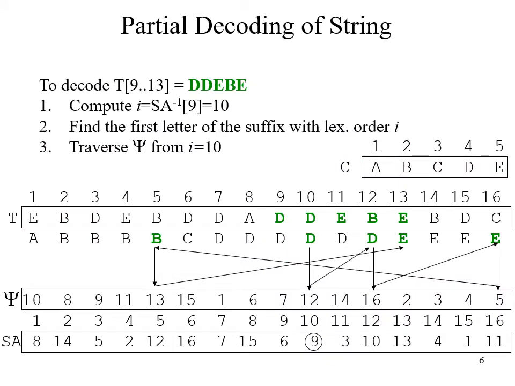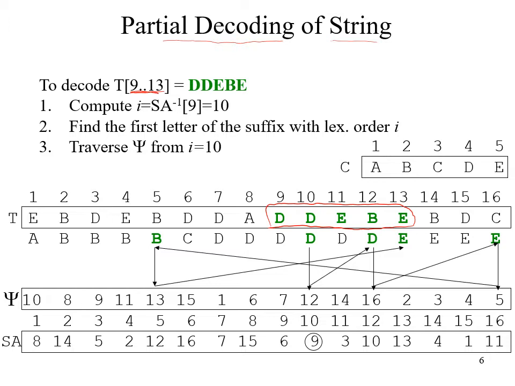And using this idea, we can do partial decoding of a string. For example, we want to decode a substring of T at position 9 to 13, which is here, TDEBE. We can use the same algorithm to obtain this substring.